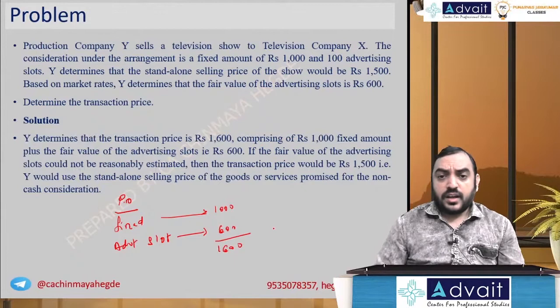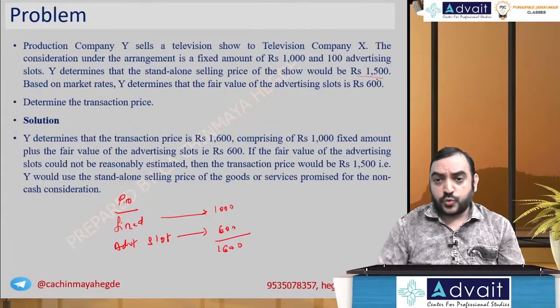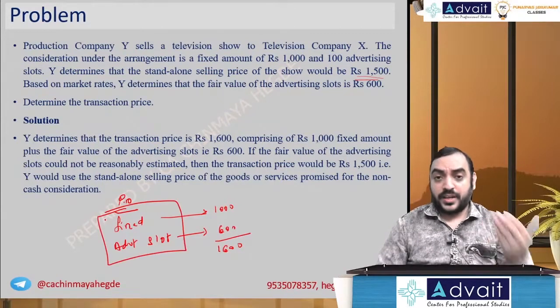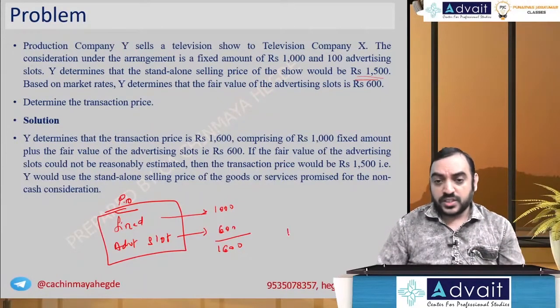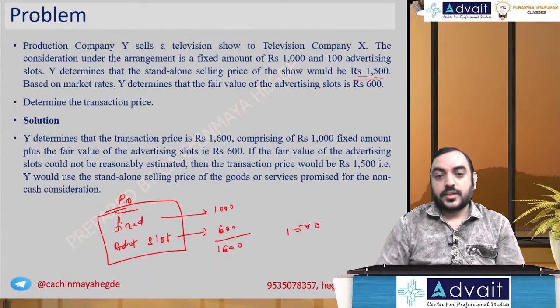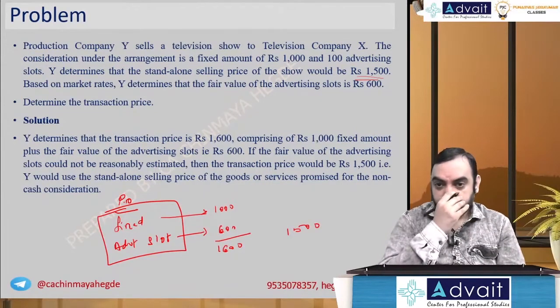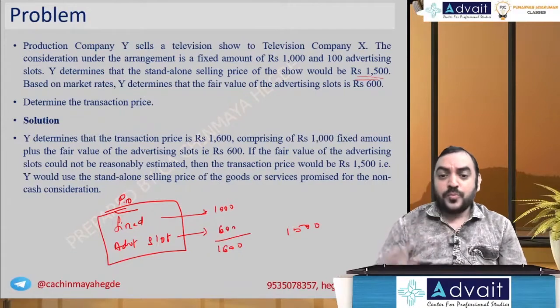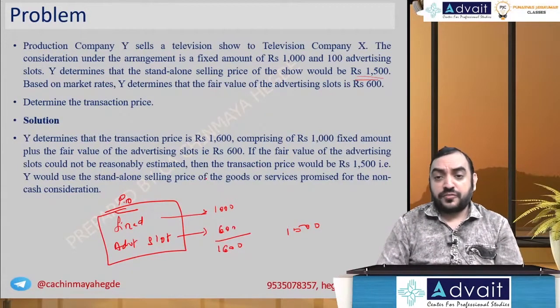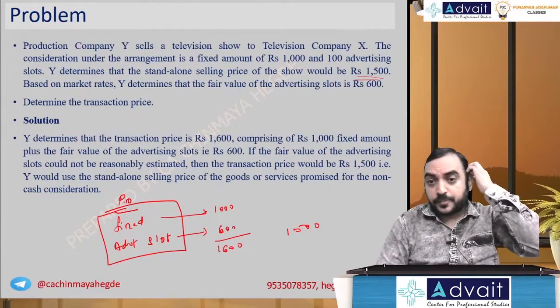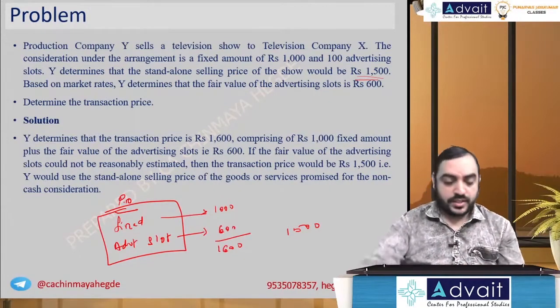But why does it determine that the standalone selling price of the show would be 1500? So if you don't have these two separate things, then it would have been 1500. Now we have what is the fair value of these advertising slots? Okay, so how much should be recognized is the question here.